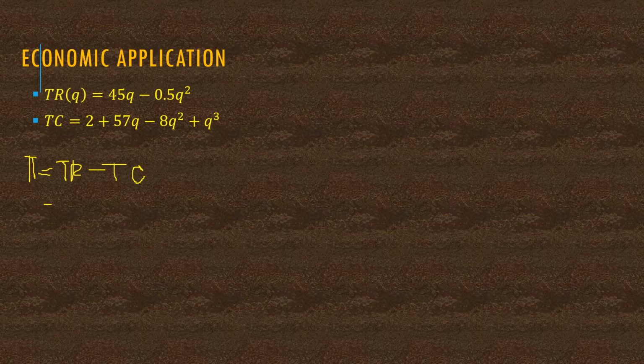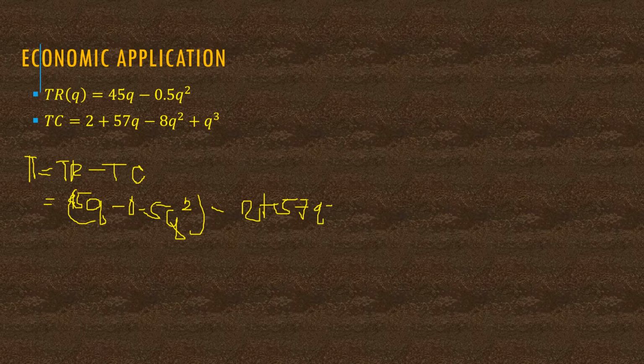So therefore, we have 45Q minus 0.5Q squared, less your total costs: 2 plus 57Q minus 8Q squared plus Q cubed.